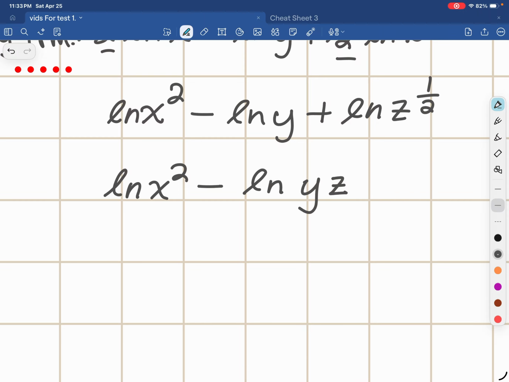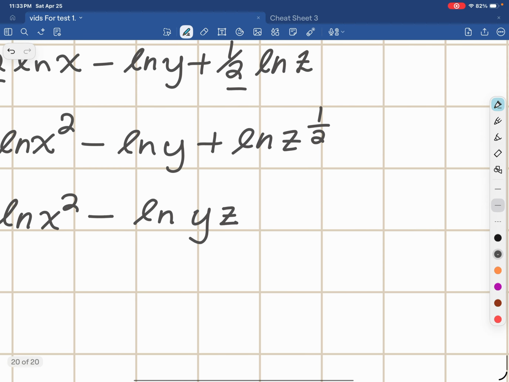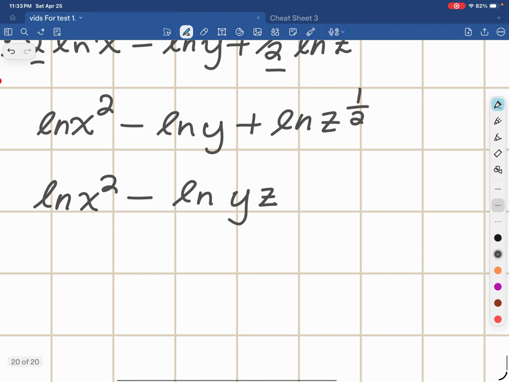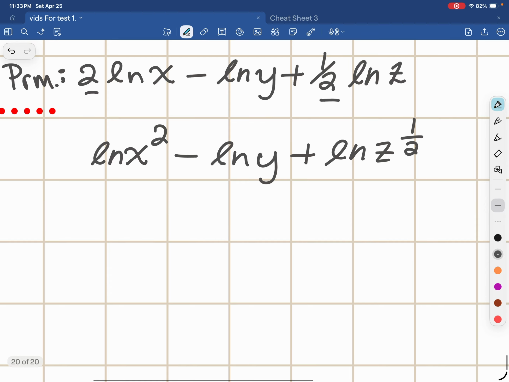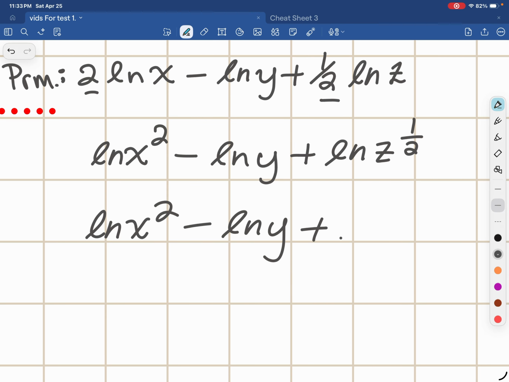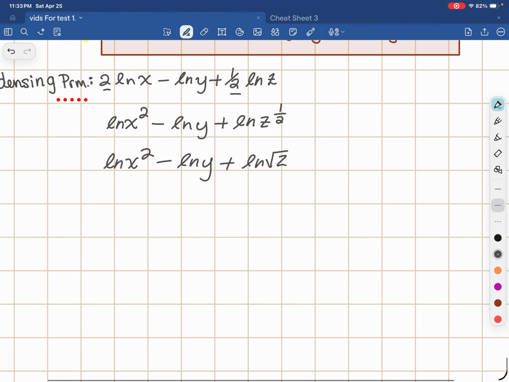And I actually really do like this idea of condensing this further. So in fact, instead of doing this, my apologies, we will get to that in the next step. We should rewrite it as this: ln of x squared minus ln of y plus ln of root z. That way it makes it a little easier when rewriting into the next form.